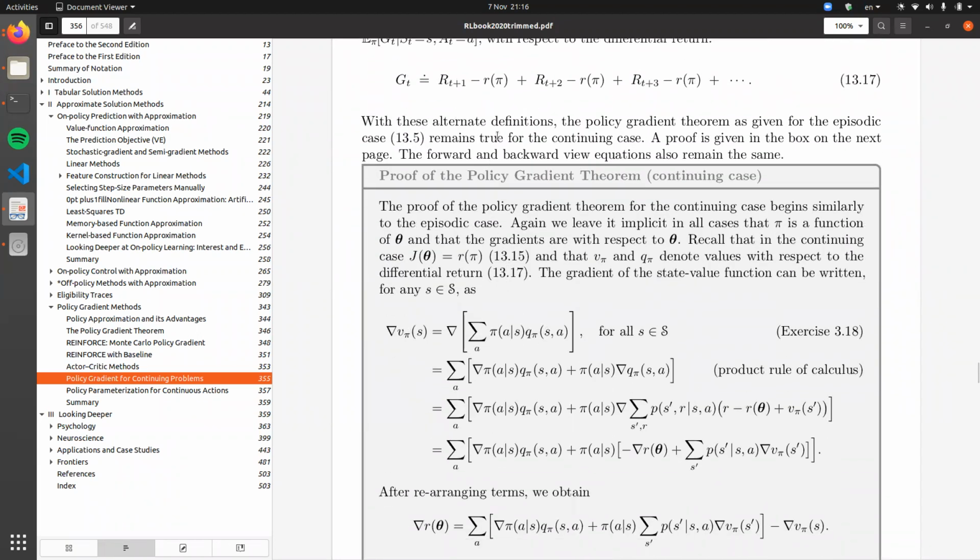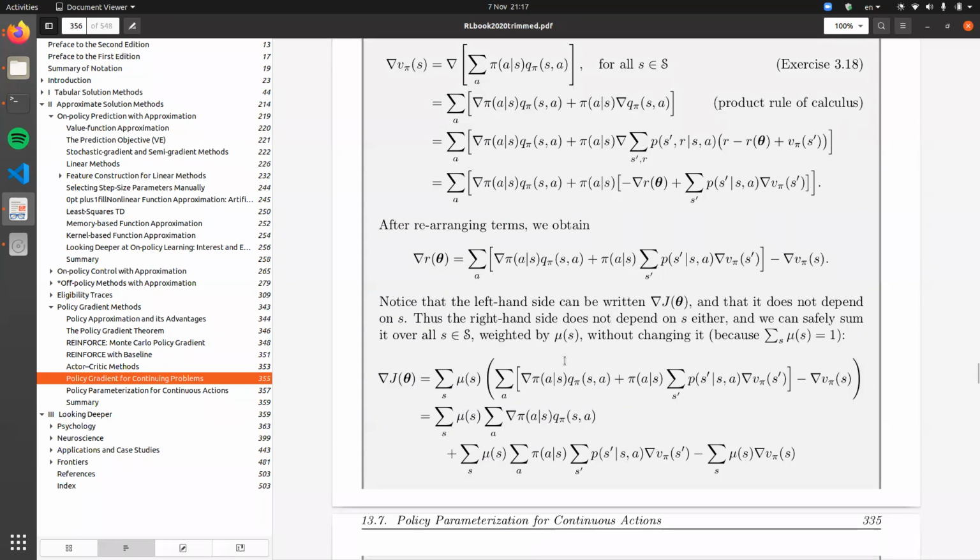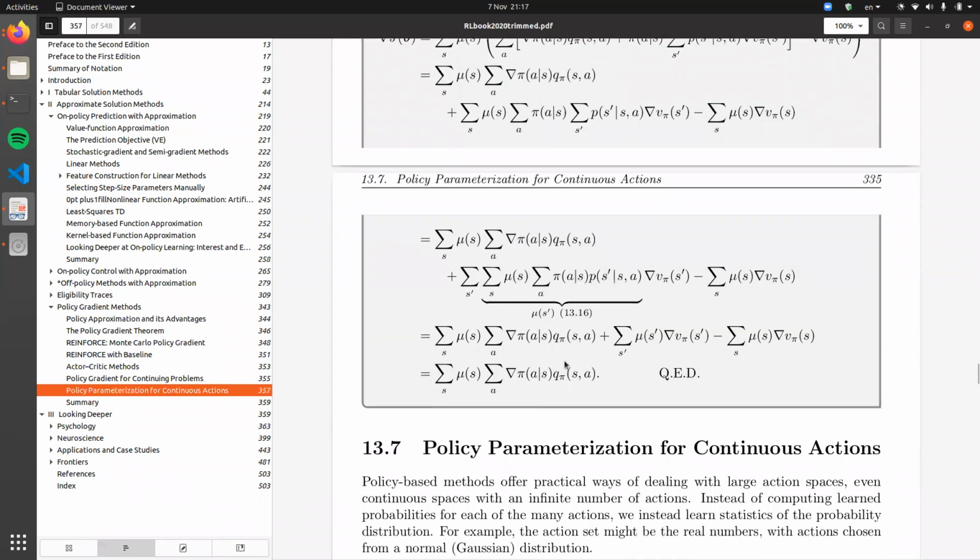In this case, the complete return is the sum of all the rewards minus the average reward. So that's the return for that case.